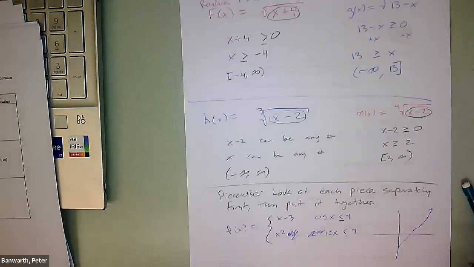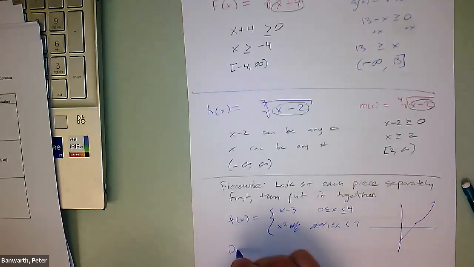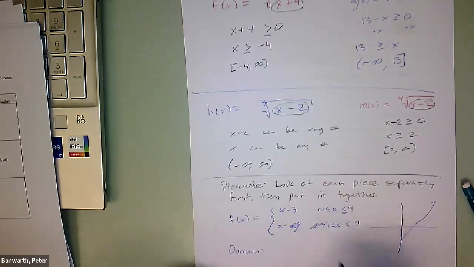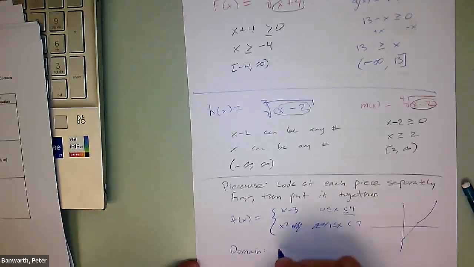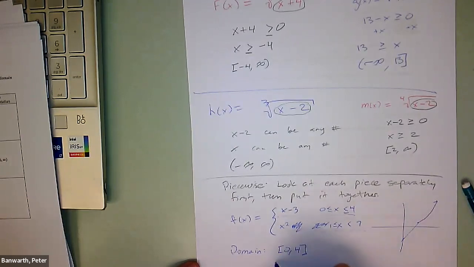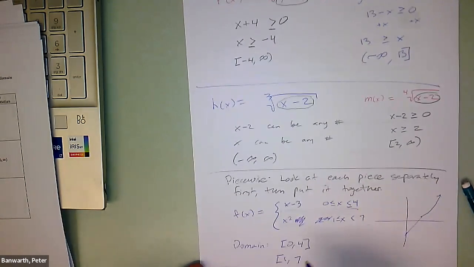Looks kind of like that. And now my domain, the easiest way to do it is to say, what's the domain of this? 0 up to 4. What's the domain of this? 1 up to, oh, I made an error.